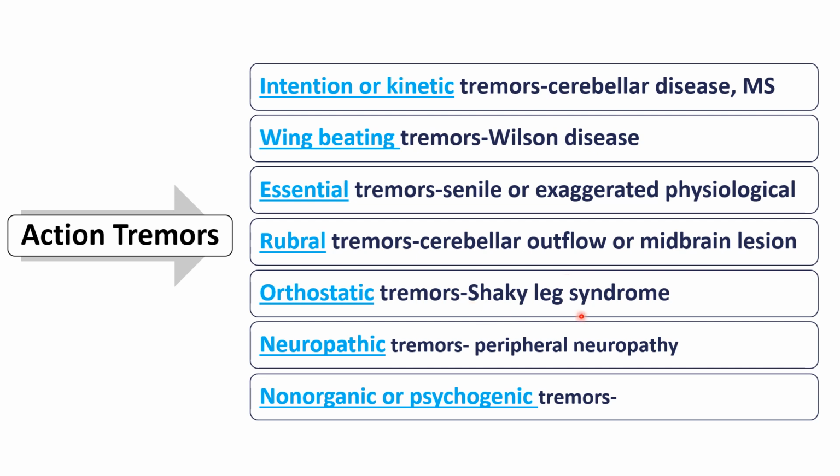It will not be visible in the resting stage, or when the child is sitting or lying down. Neuropathic tremors are seen in peripheral neuropathy, and there are non-organic or psychogenic tremors. If you are not able to find any etiology, then you have to rule out any stress or tension associated with the tremors. So all these are the various subtypes of the action tremors.